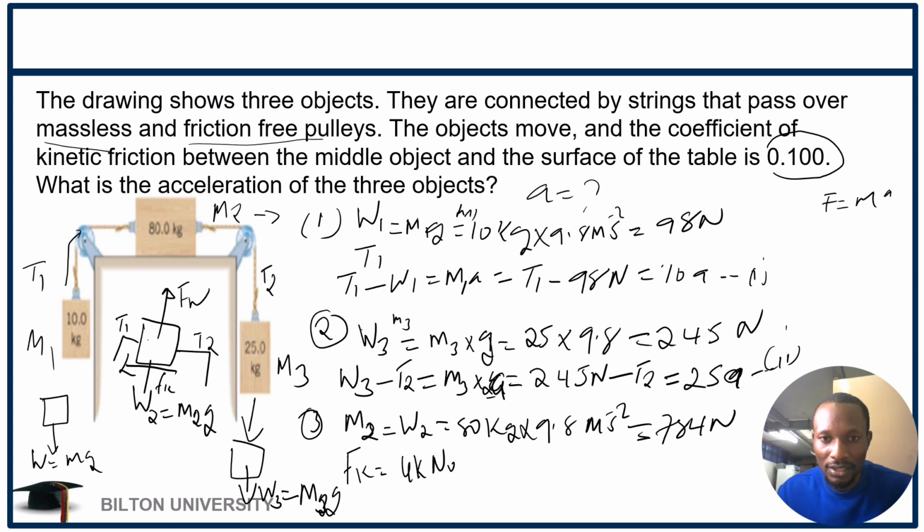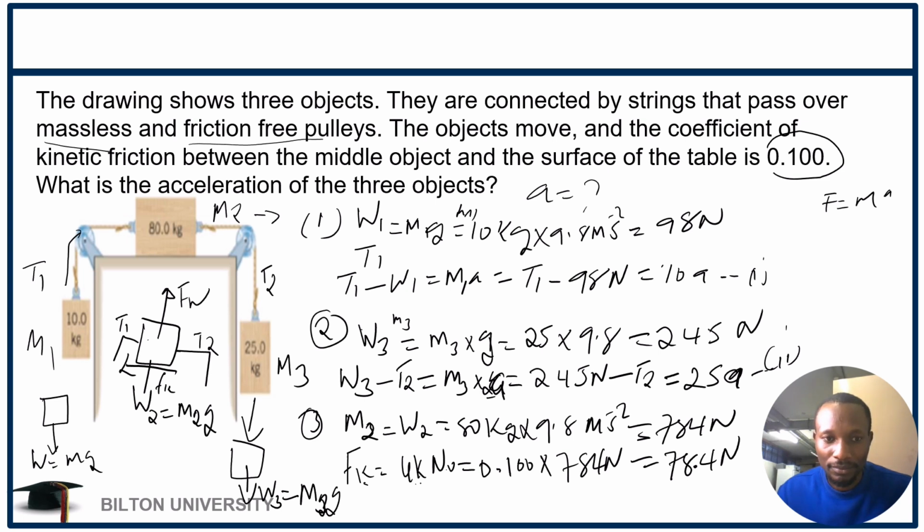This normal force is the same as the weight, because they act on opposite sides. So we find the kinetic friction by multiplying the coefficient of kinetic friction, which is 0.100, given, times the normal force, 784 Newton, and that's going to give us 78.4 Newton.